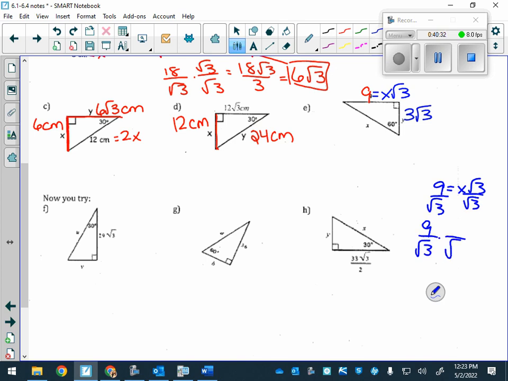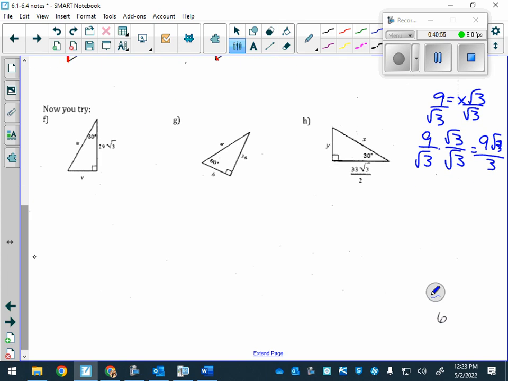You cannot have a radical in the denominator, so you multiply top and bottom, and then you reduce. Okay, what does x equal, our hypotenuse? Campbell? 6 root 3? Good. Awesome. Okay, 6 root 3 because it's 2 times your side length.